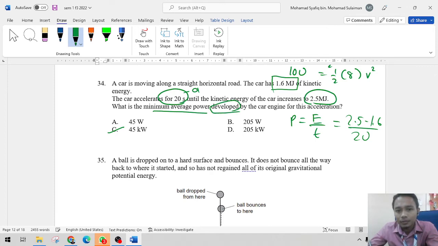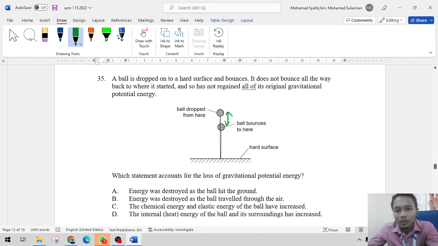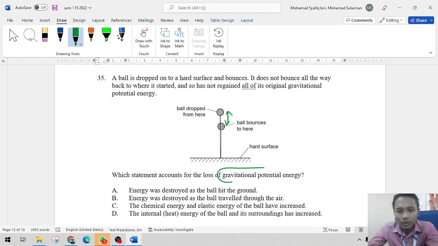Number 35, we have a difference in height. Here is high gravitational potential energy because it is at a higher place, and lower gravitational potential energy after it bounced.